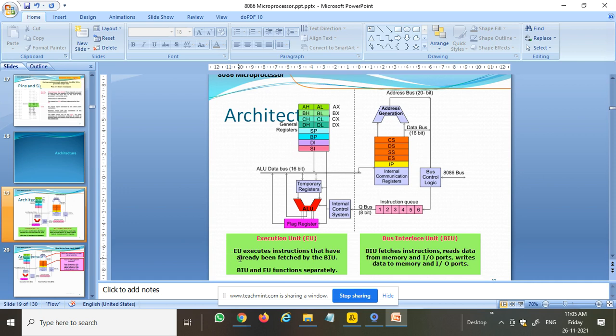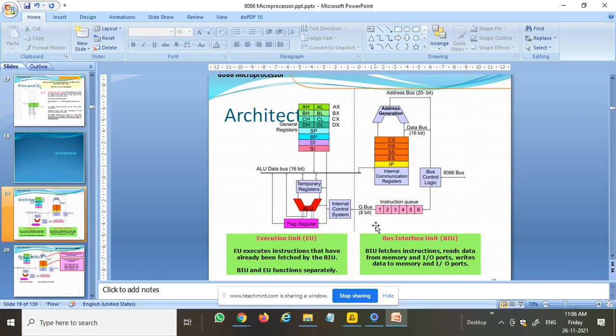The execution unit executes the instructions that have already been fetched by the BIU unit. So in 8086 there are two parts, EU and BIU, and the advantage is that it is a parallel processing unit.